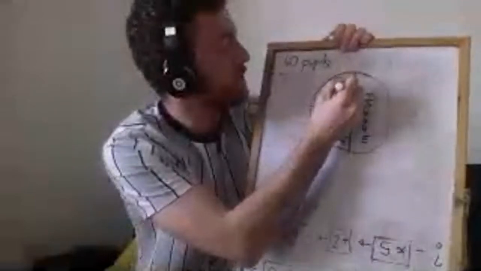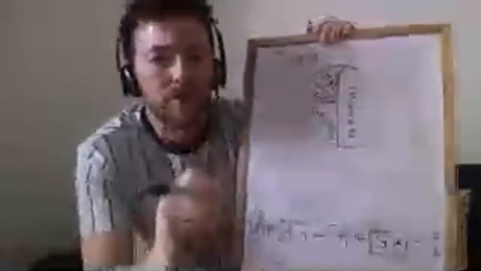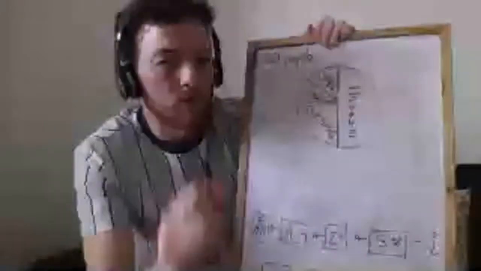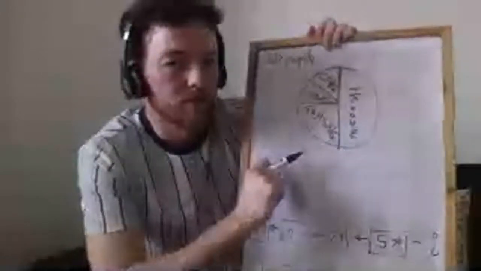And up in here, I'm just going to put other. So we've got the iPhone, the Samsung, the Huawei, and the other. What I want you to do really quickly on your whiteboards is work out how much or how many pupils have each of these phones.